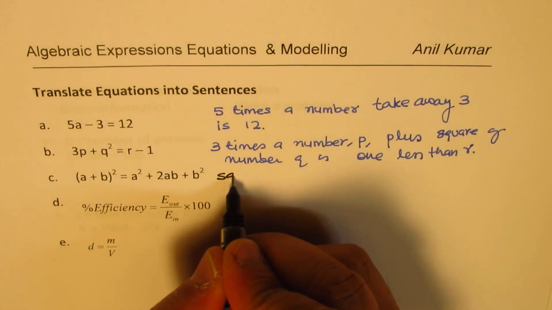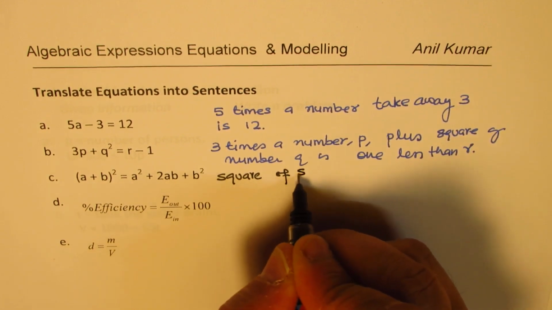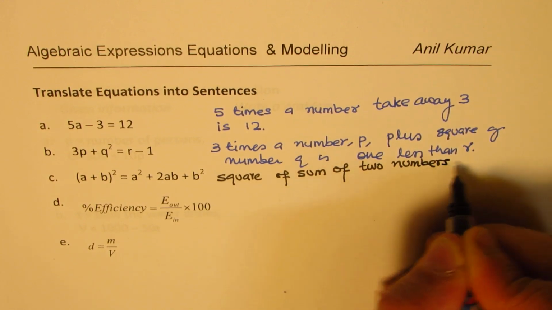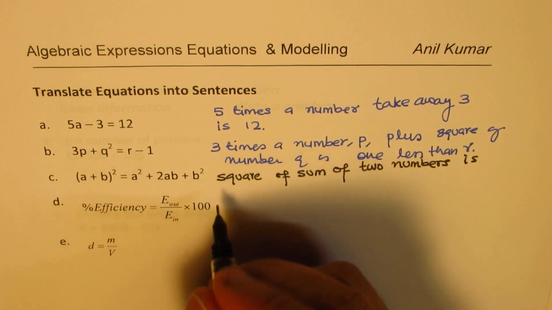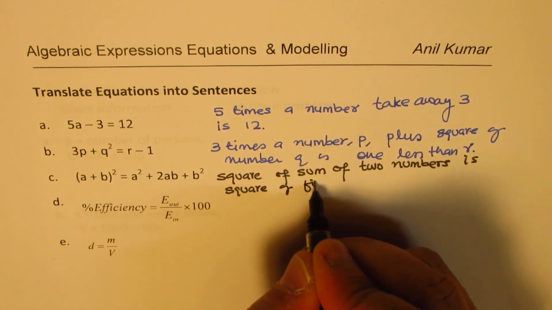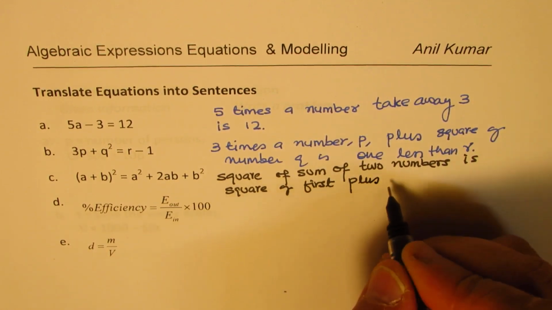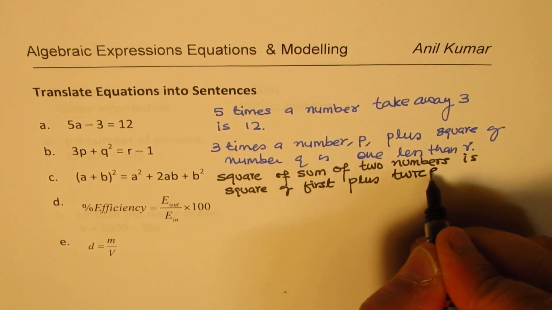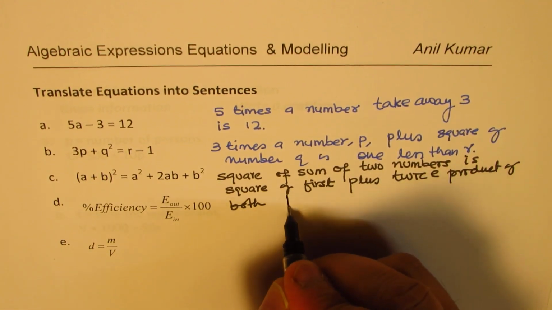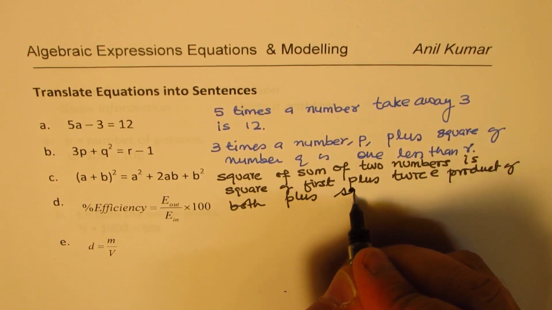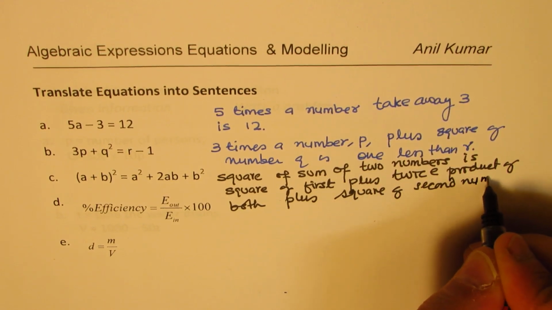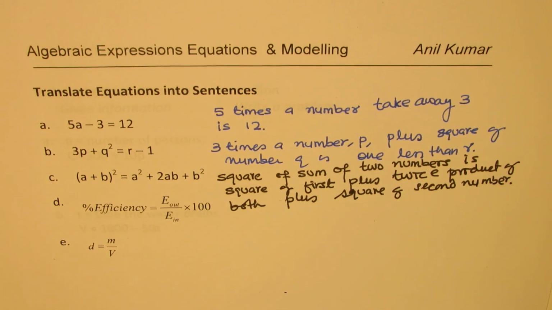So we can say square of sum of two numbers is equal to square of first plus twice product of both plus square of second number. Clear? So we could use plus for the plus sign.